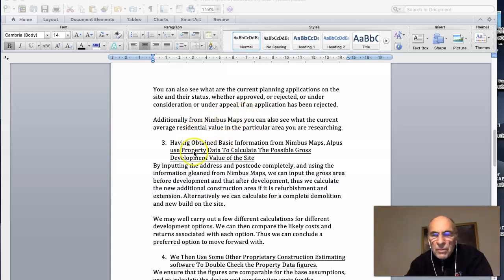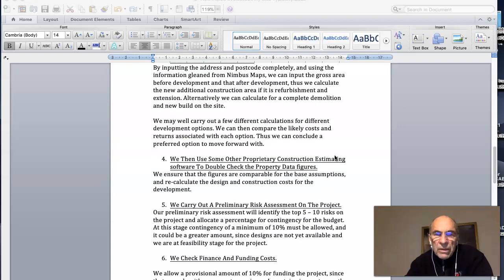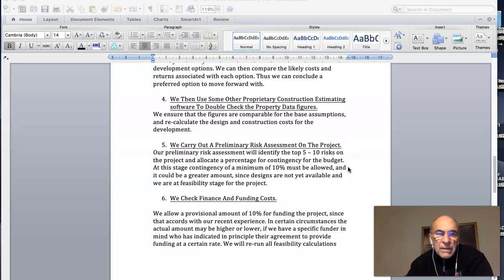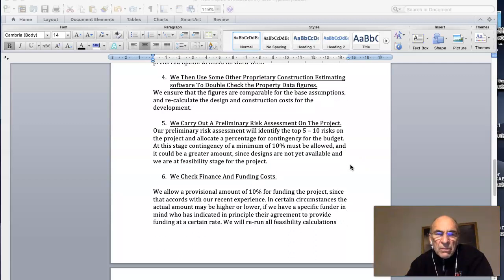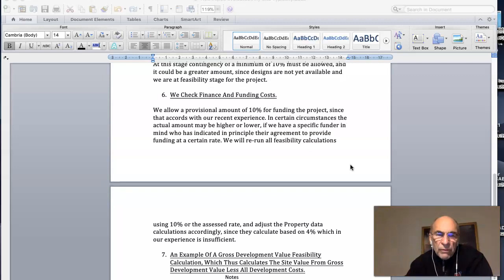We then use PropertyData to do an initial calculation of possible gross development value, and we then check with other construction estimating software to double check the PropertyData figures. Then we carry out a preliminary risk assessment on the project. We check the finance and funding costs, so we would use Crowd Property, Brickflow, or other crowdfunding or funding sources that we have.